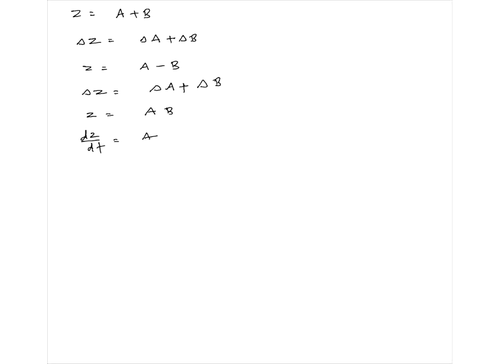First function, derivative of the second, and then reverse. Just drop the bottom and replace d by delta. Very fast way of doing things.